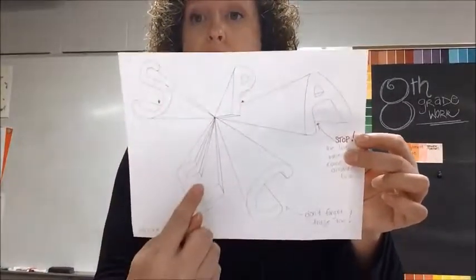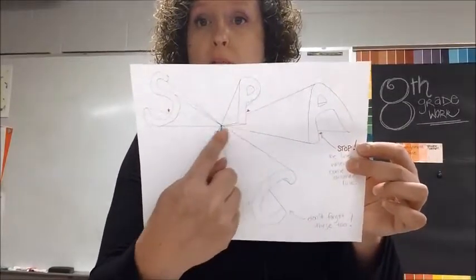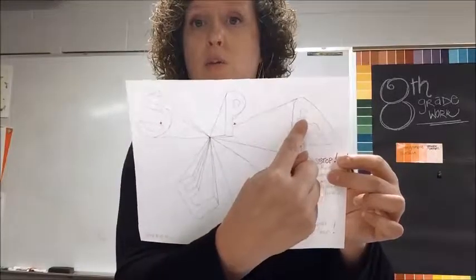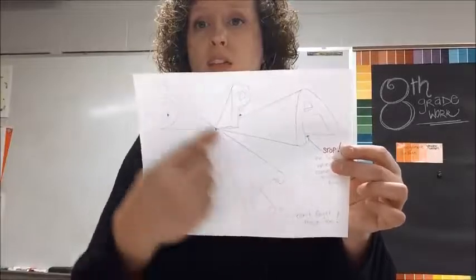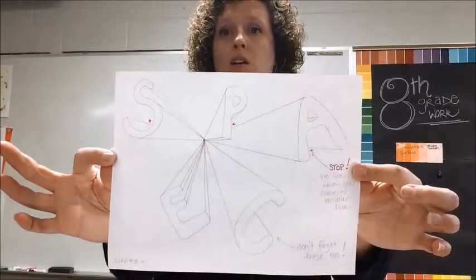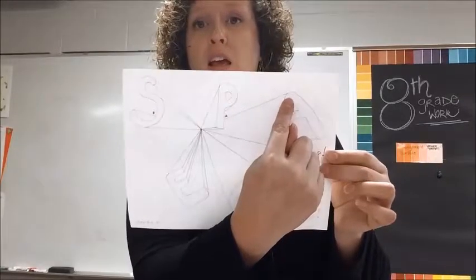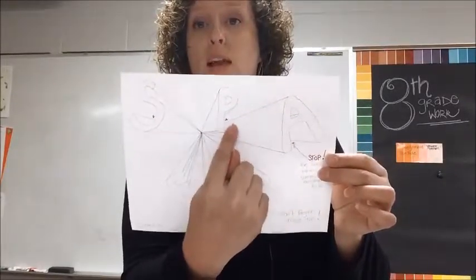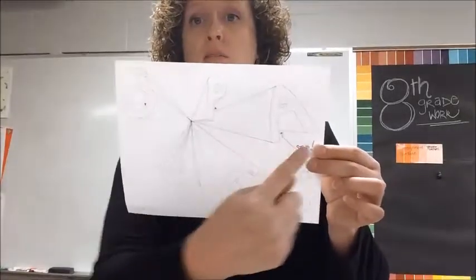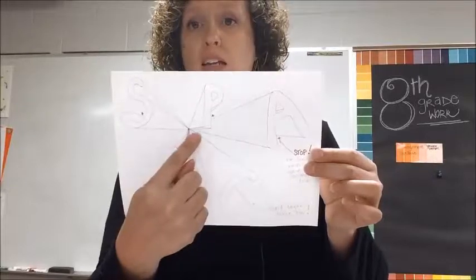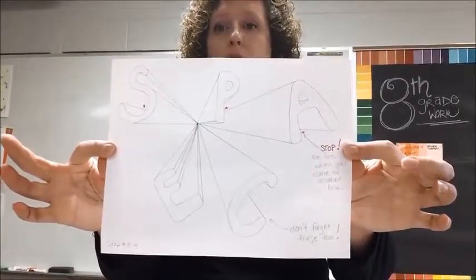I did 2 lines, same thing for all my E's. 2 lines on my E's, the bottom of my P, okay, even the little part of the A. They all need these great lines here that give that illusion of space. And then you just want to stop. And for here, the top of the A, it would have run into my P, so I had to stop. And now it looks like my P is coming out and the A is going behind it, the lines from the A. So that is step number 3.